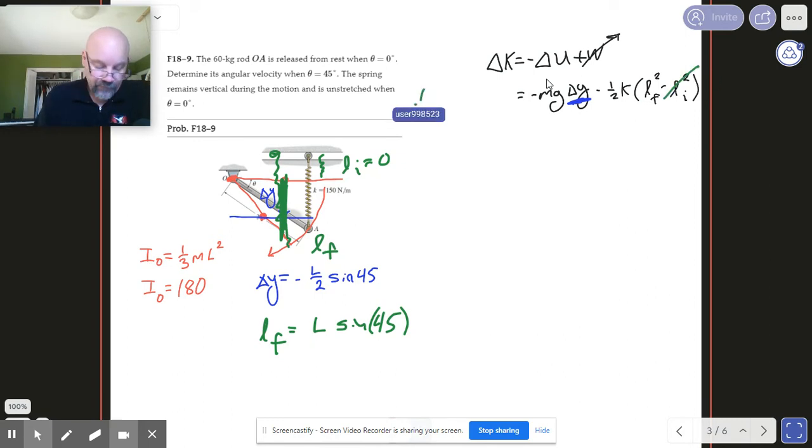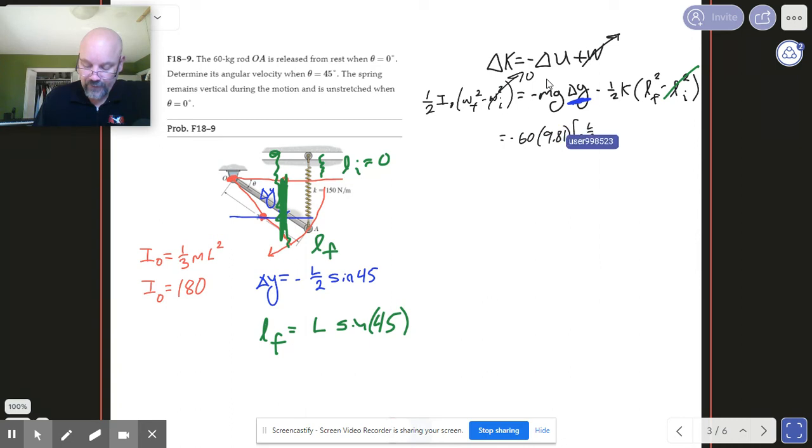So here we got 1/2 I0 times omega final squared minus omega initial squared. That term's 0. Let's see what we get on the right-hand side. We've got minus 60 times 9.81 onto our delta y, which is minus L over 2.